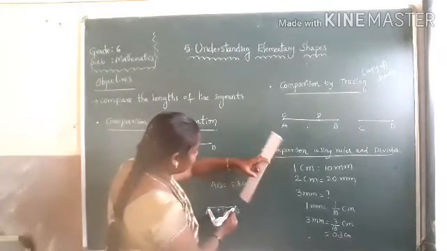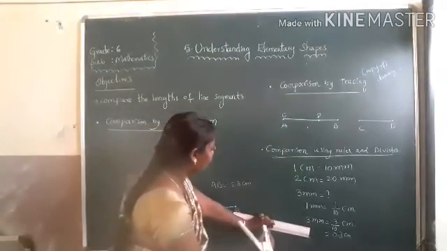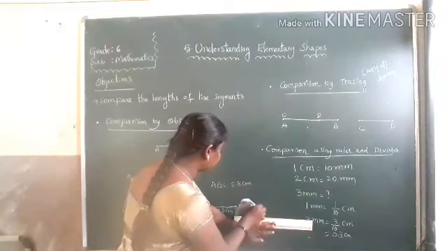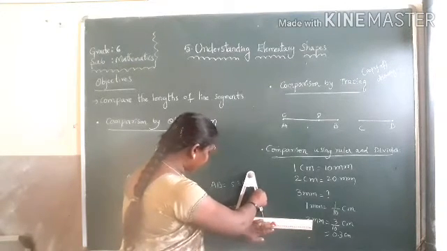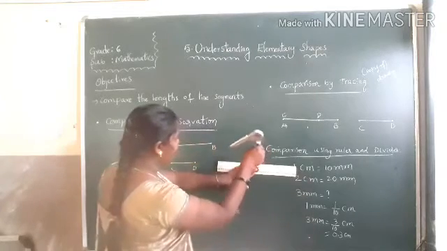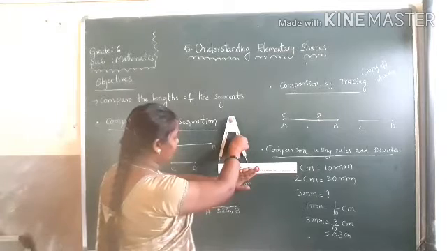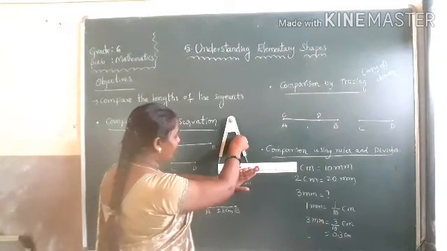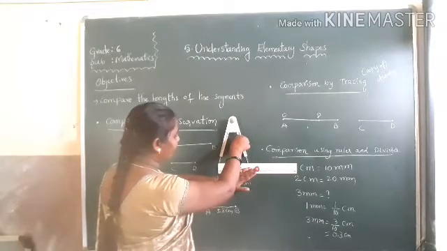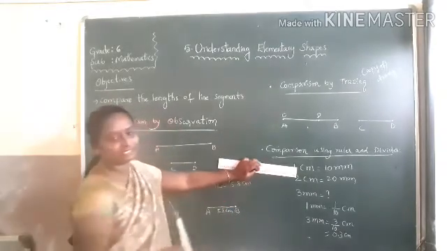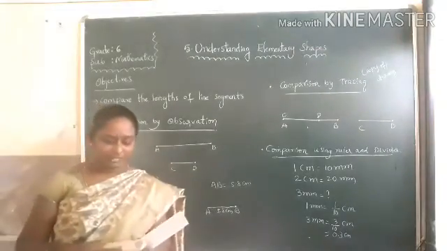Next, place the same length on the ruler. Does it give the correct length or not? Check here. Yes, it is 5.8 centimeters. So that's why we are using the divider to compare the length.